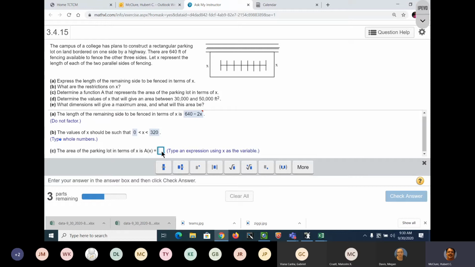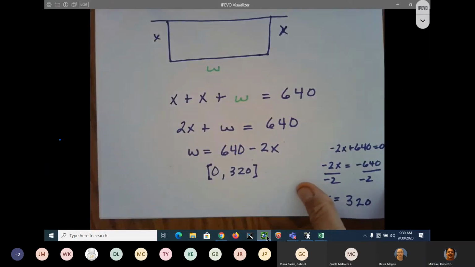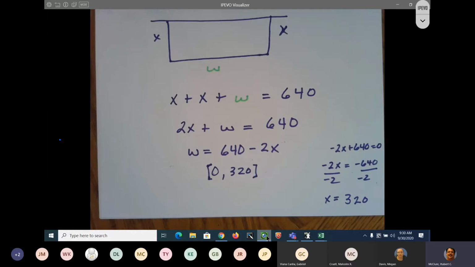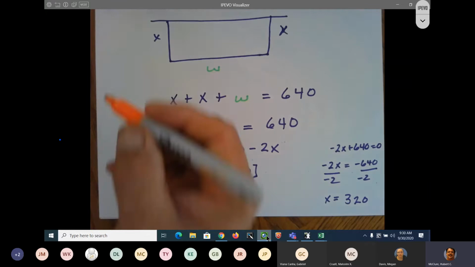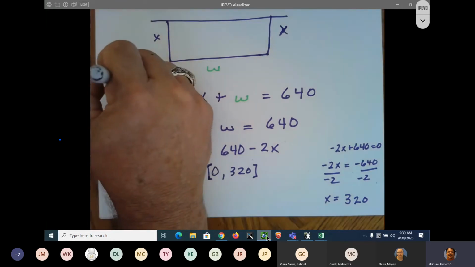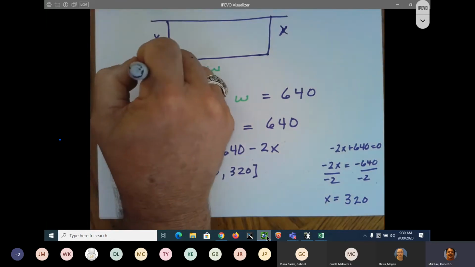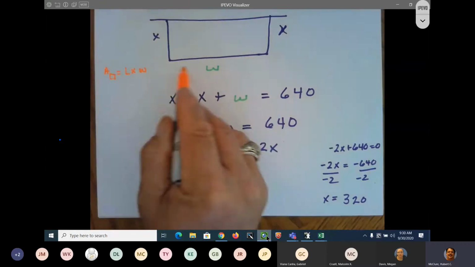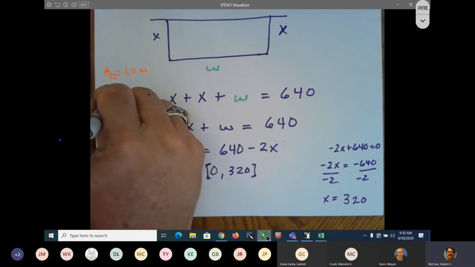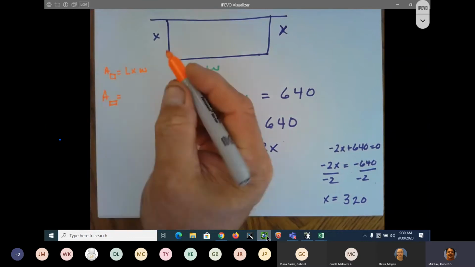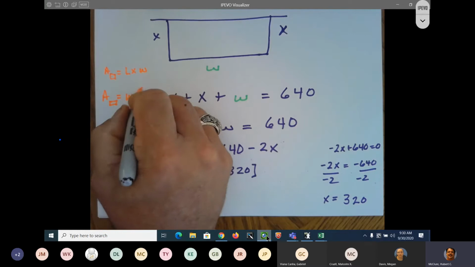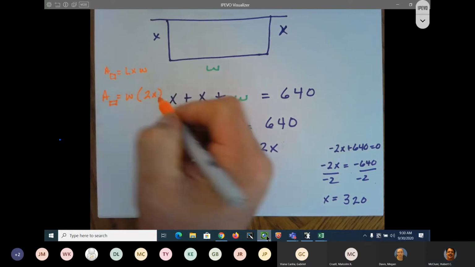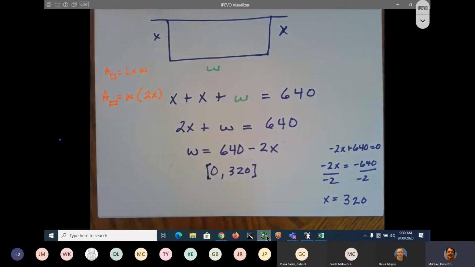So I'm going to go to my handy dandy, let me do this in pink or another color, orange. Area of a rectangle is equal to length times width. Our length is W, so the area of this rectangle is going to be W times 2x. Length times width.